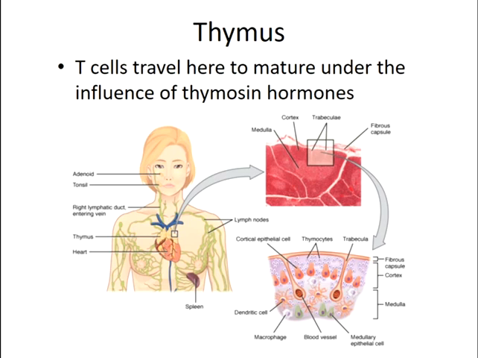And you can see that this is just looking at the tissue layers of the thymus. It consists of a cortex and a medulla, and then you have your trabeculae. Remember the trabeculae carneae associated with the heart, the bridges of meat.